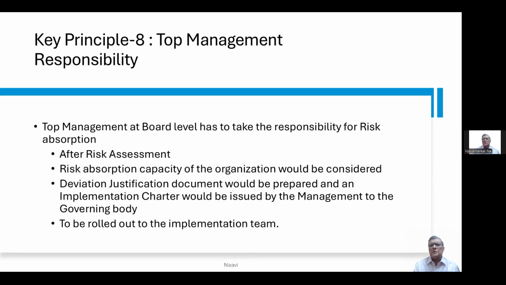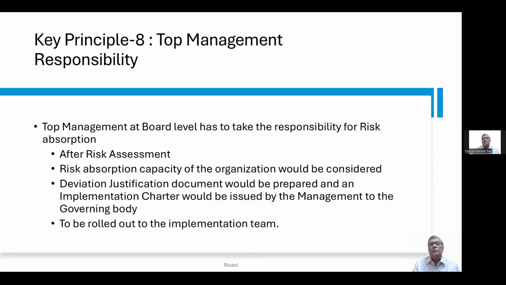Now, principle number 8 talks of top management responsibilities. See, DPDPA compliance is not DPO and below. We have already included people below the DPO under the distributed responsibility area. What about people above the DPO, like the board of directors?